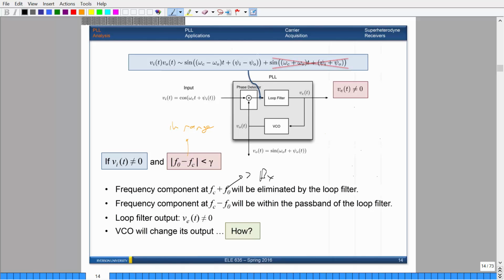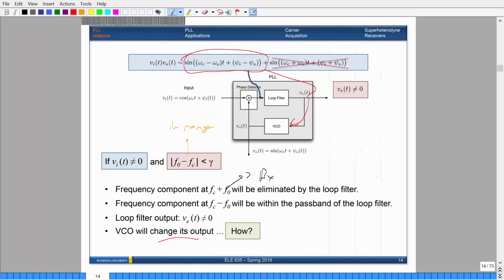What's left is just this single component, which gets maintained and fed back into the voltage controlled oscillator. That's the actual voltage that gets put in. So the loop filter output is not equal to 0, and the error signal will change the frequency of that particular output.